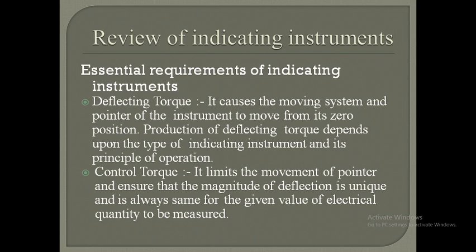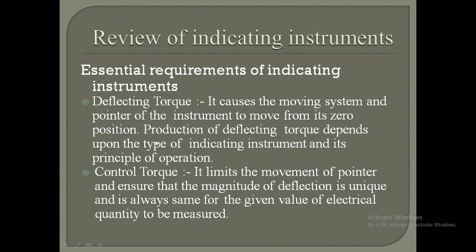When no input is given, the pointer goes back to the zero position. When there is an input, the output will be proportional to that value. Accordingly this control torque works.